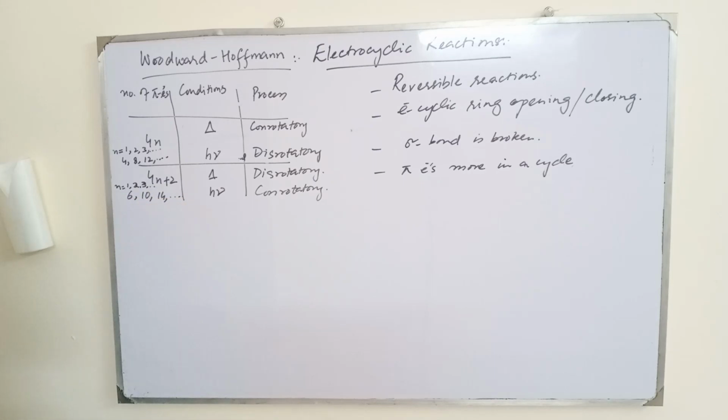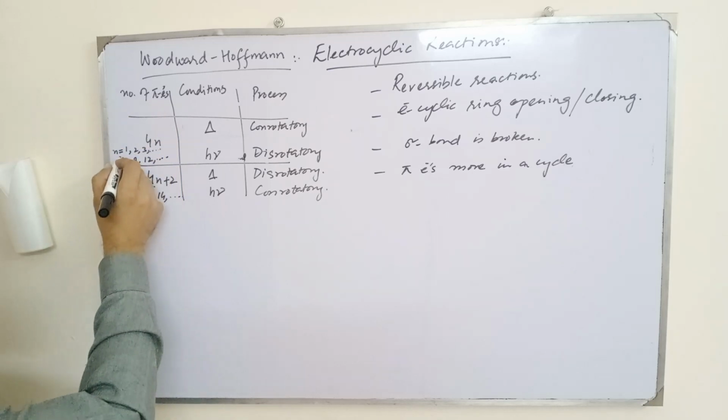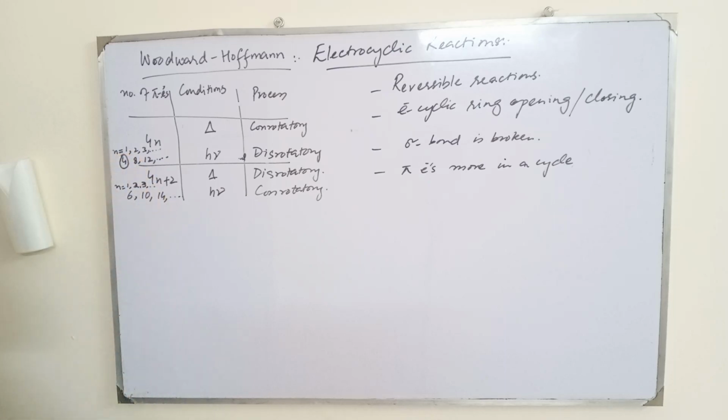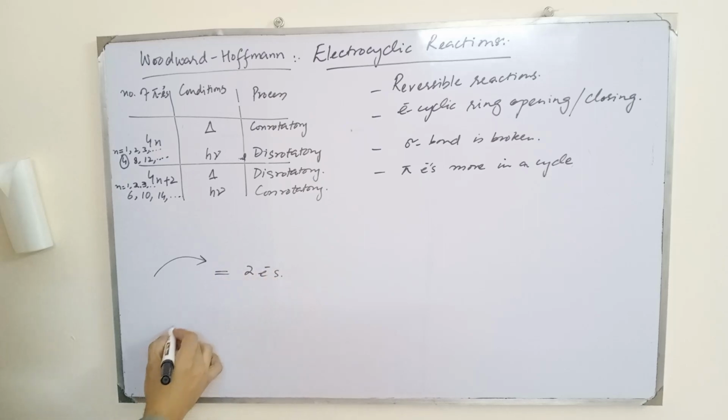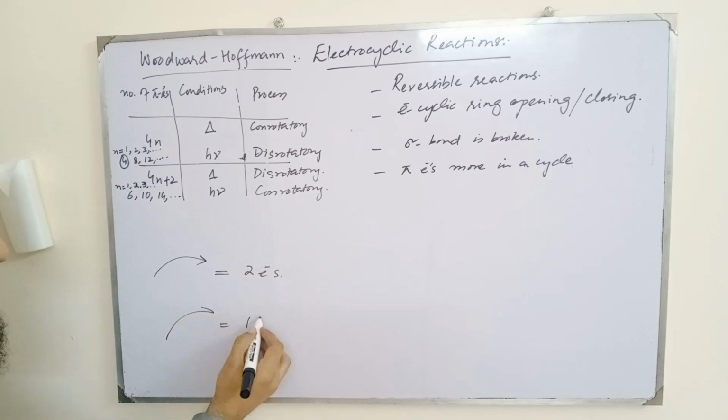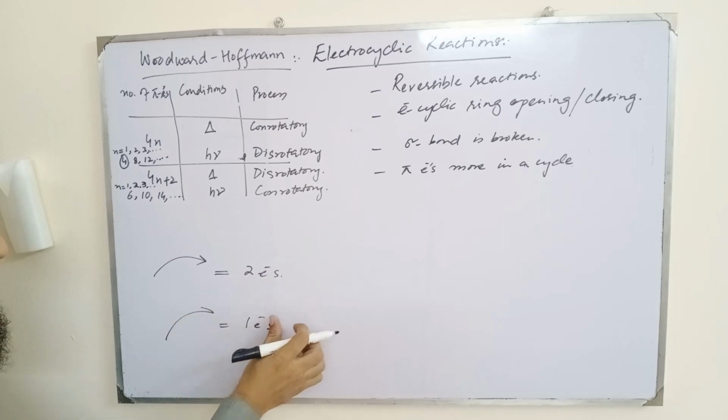We can also remember the number of pi electrons by the number of electron pushing arrows. For example, if we have 4 pi electrons, how many electron pushing arrows would we require? 2 electron pushing arrows, because 1 electron pushing arrow shows the movement of 2 electrons. For radical reactions, of course, we have a single-headed arrow which shows the movement of one electron.